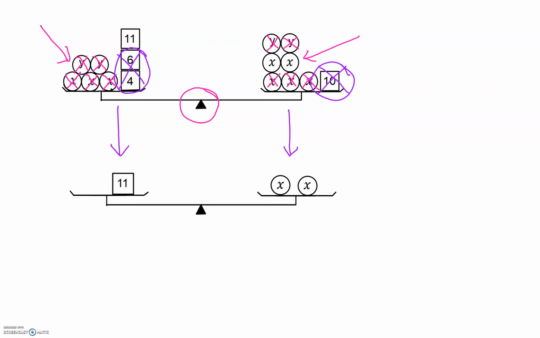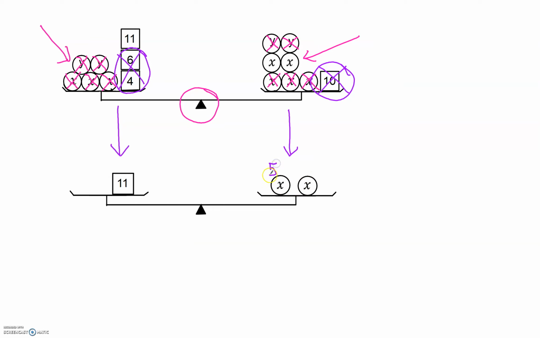So on the right-hand side, I've got two balls with a value of x, and on the left-hand side, I've got a number 11. Now what that tells me, because both of these x's must be worth the same value, they must be identical, is that I've got to share this 11 out between these two balls of x.